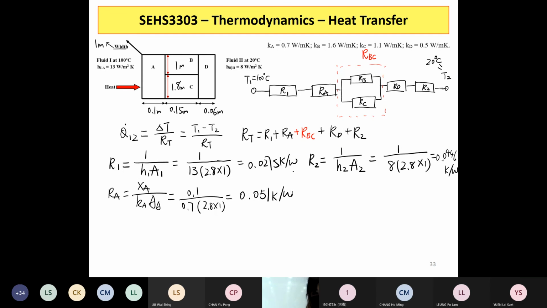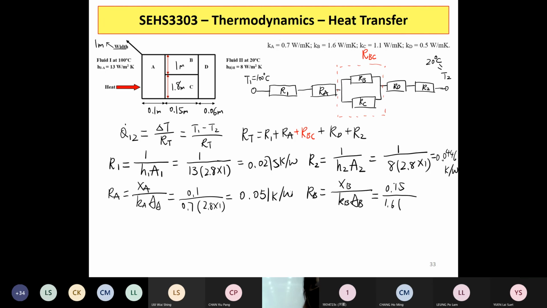So RB. XB divided by KB and the area of wall B. XB is equal to 0.5. KB is 1.6.